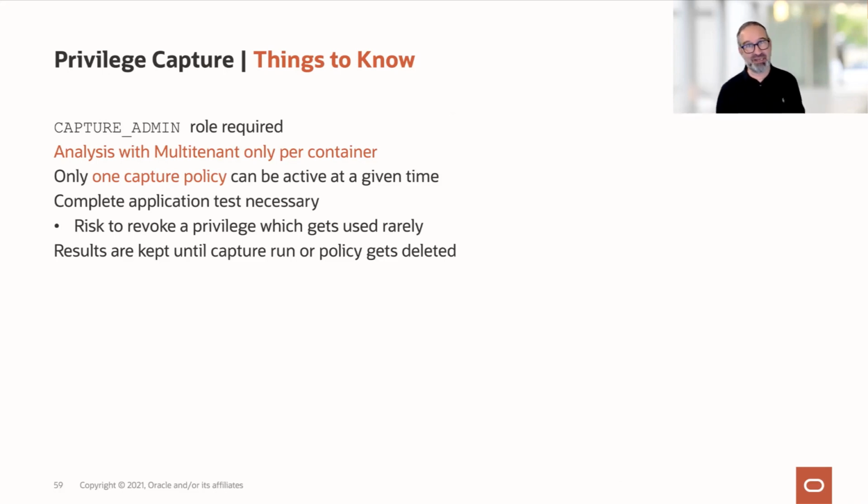And it sounds great. And I told you, let's remove them. Be careful. Be really careful, because it may be that your capture period was too short. It could be that, let's say, the end of the month calculations, the asset report, run also with the Smith user, needs exactly one of the privileges you revoked.